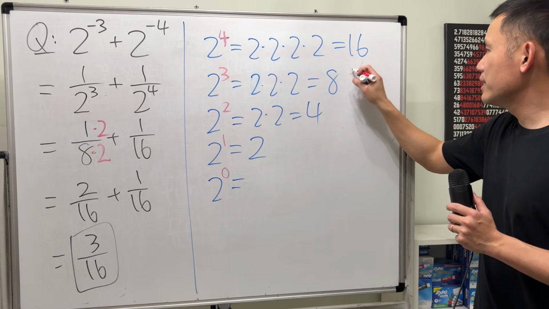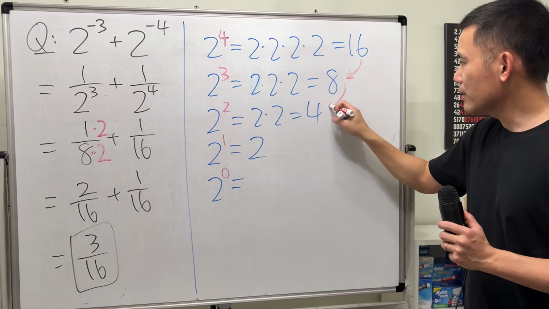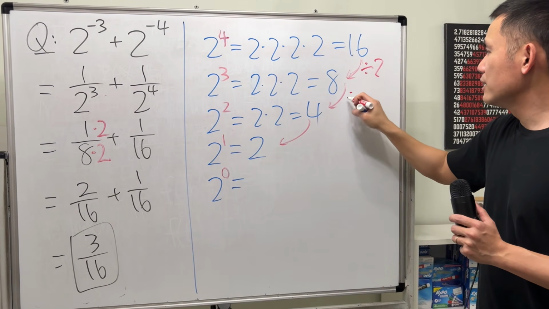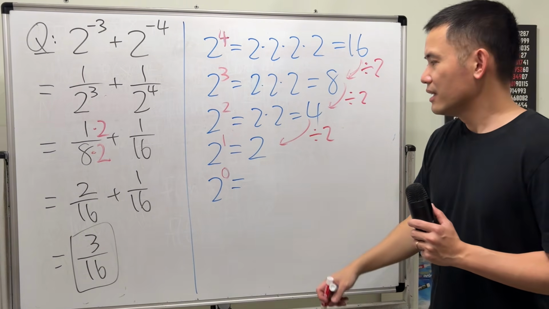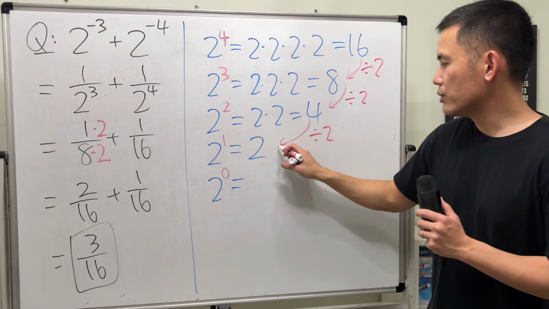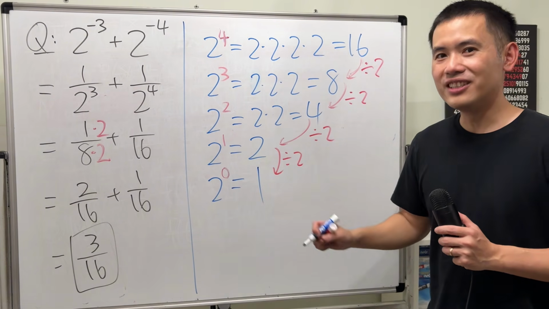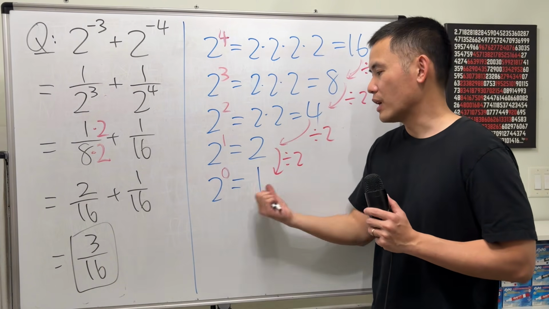You can look at this as dividing by 2, dividing by 2. That is a very consistent pattern. So you take the 2, divide it by 2, and you get 1. And ladies and gentlemen, this is why we define that when we have a 0th power, we get 1.